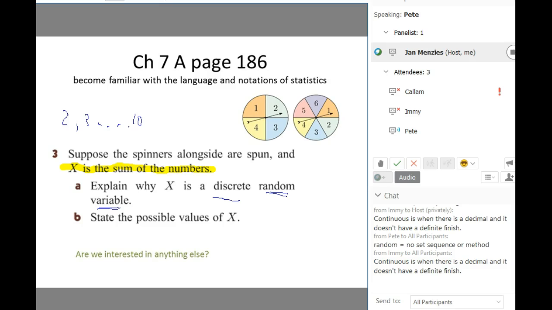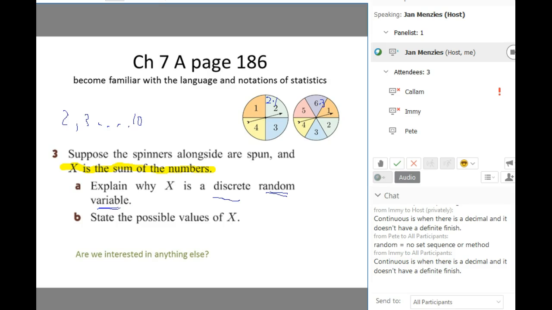Okay. So I'm going to follow Pete's thought there, and I'd like Pete or any of the class members to answer again. So if instead of having 2, I had 2.1, and instead of 6, I had 6.3, the outcomes would have a decimal in them.